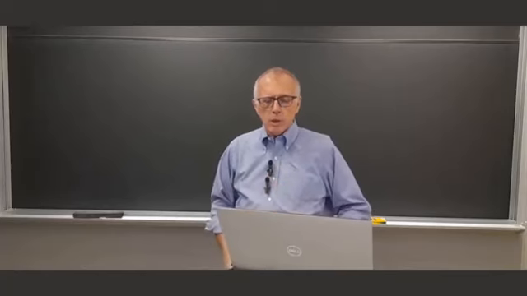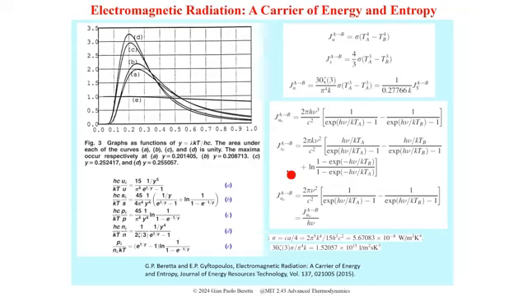This is all described by Planck's theory of electromagnetic radiation, and these are the well-known spectra of the various quantities. Curve A is for energy, curve B is for entropy, and C is the pressure. We also plotted the functions in terms of wavelength instead of frequency.